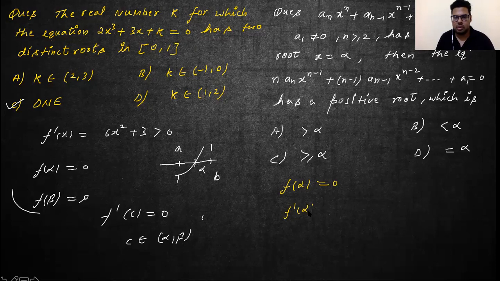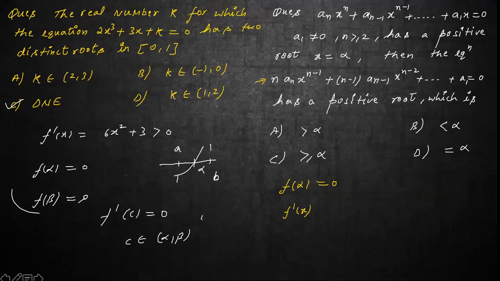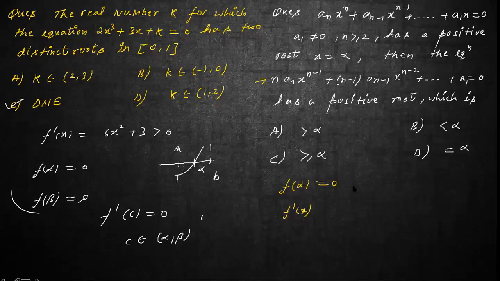What is given to us is f, and we have to find out some information about the root of f dash x, because this entire expression is f dash x. f(alpha) equals 0, and from the function you can clearly observe that f(0) also equals 0. You also know that it has a positive root alpha, so alpha is greater than 0.